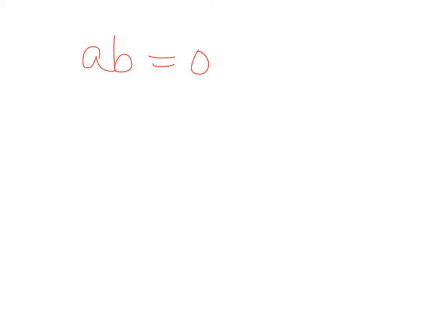If something times something is 0, doesn't one of those have to be 0 to make an answer of 0? The answer is yes. Now, could A and B both be 0? Yes. So either A is 0 or B is 0, or in rare cases, A and B are both 0. We're going to use this concept to solve quadratic equations.